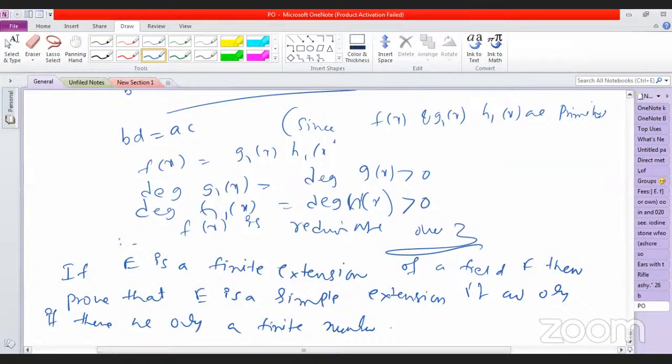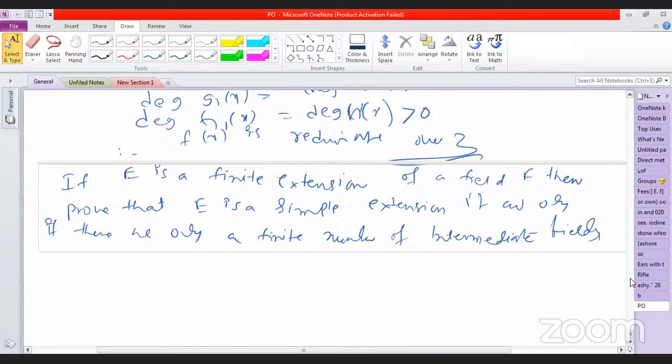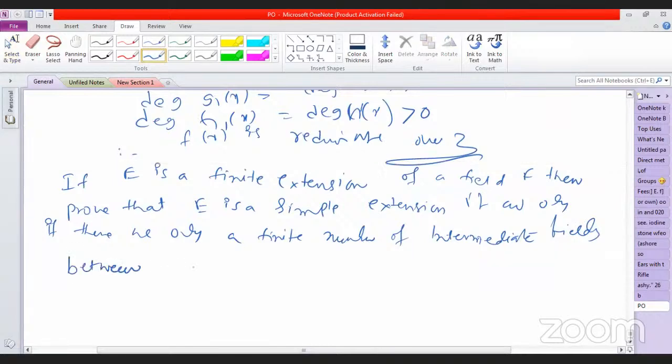What is the meaning of intermediate fields? Between F and E. Can anyone tell me what intermediate fields are? Middle one. Intermediate. Yes, sir. Tell me.